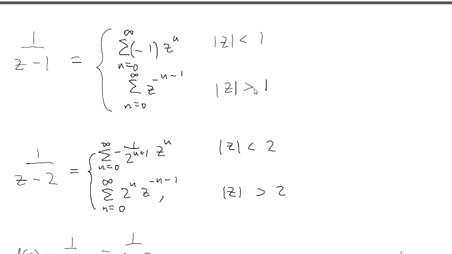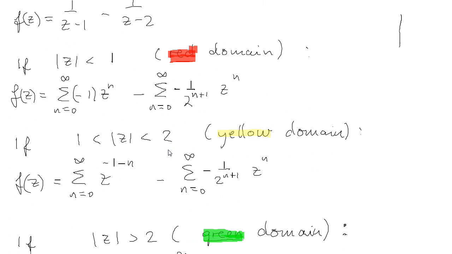the absolute value of z is larger than 1, so this term should have this series expansion, and we know that this term must have this series expansion. So that's the reason why we have the following, that f of z is equal to this guy minus this guy. So I've just done what I just said, replaced the first term by this series expansion minus this series expansion.